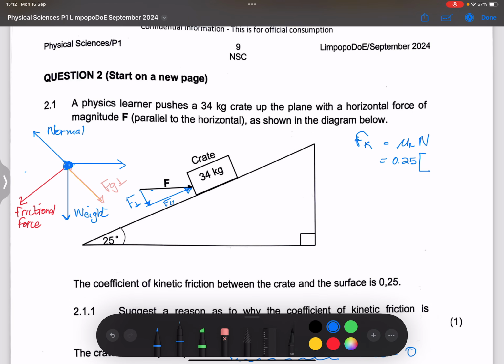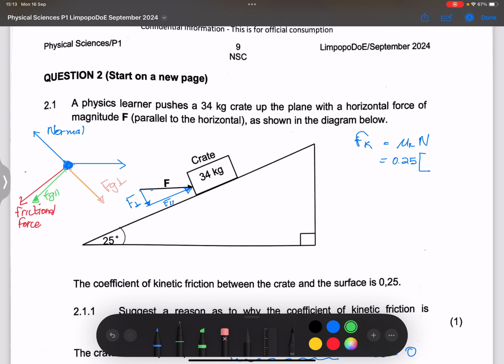But we also have the parallel component of the force. So instead of having that weight there, let me substitute it with its components. So that is FG parallel, and the perpendicular component.